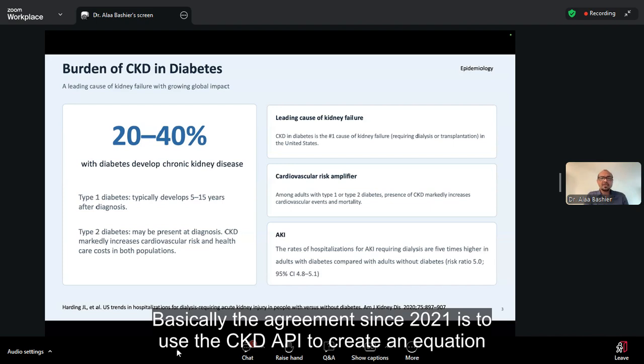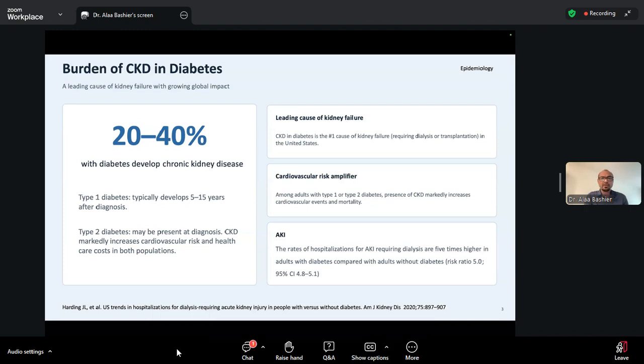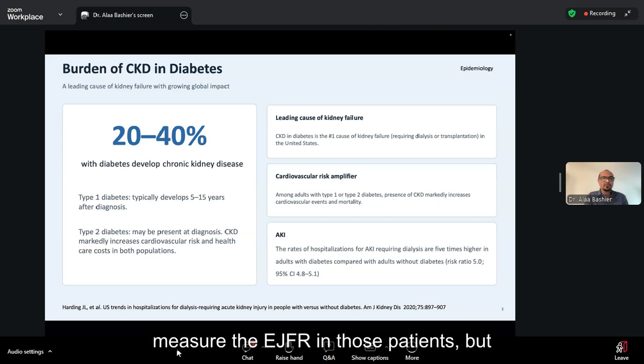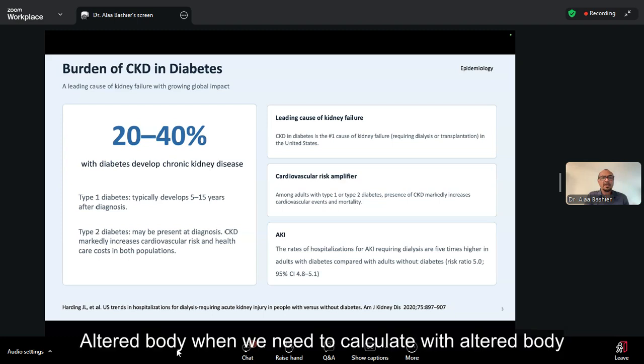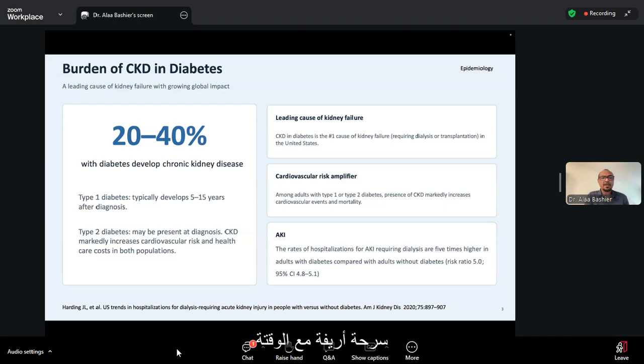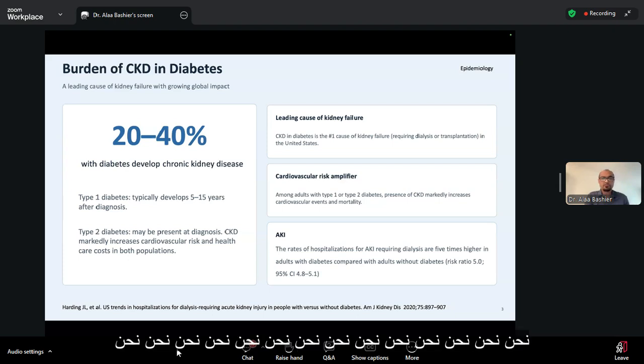Basically, the agreement since 2021 is to use the CKD-EPI creatinine equation to measure the eGFR in those patients, but cystatin might be helpful as well, using the formula that incorporates cystatin. It's important in patients with altered body surface area, for example, people with amputation, frail people with low muscle mass, and those with liver disease.